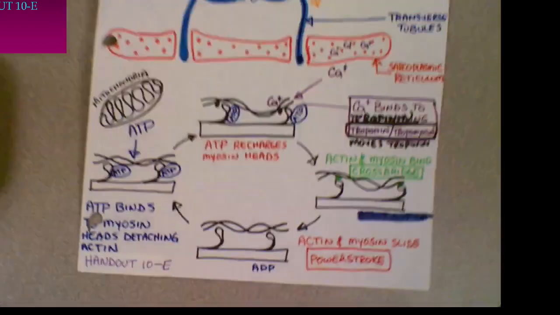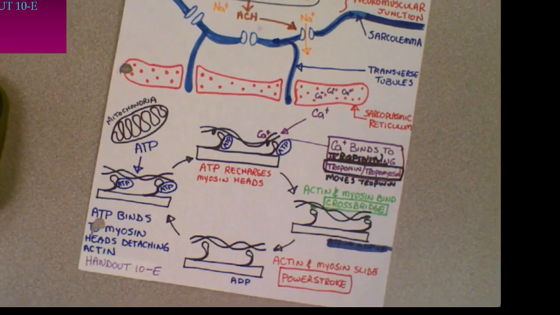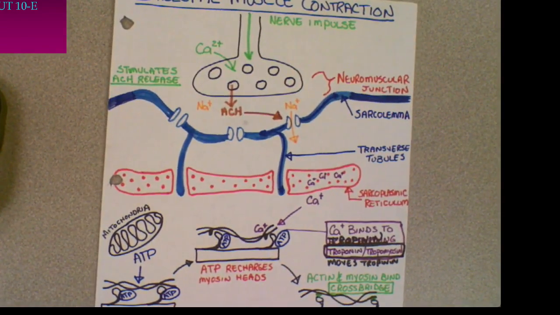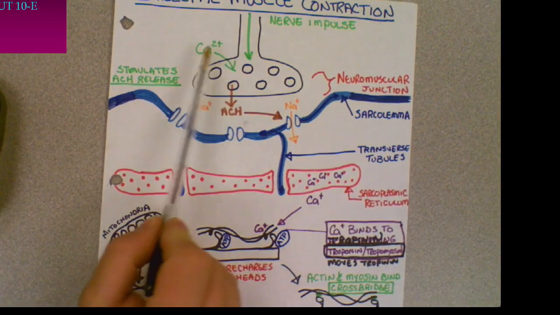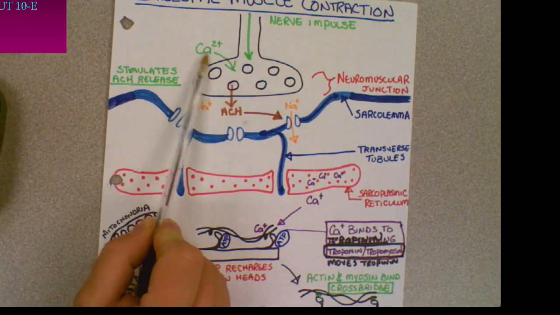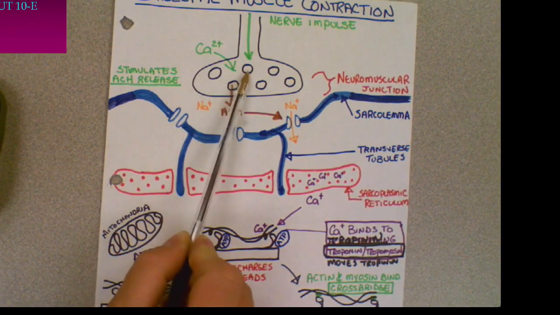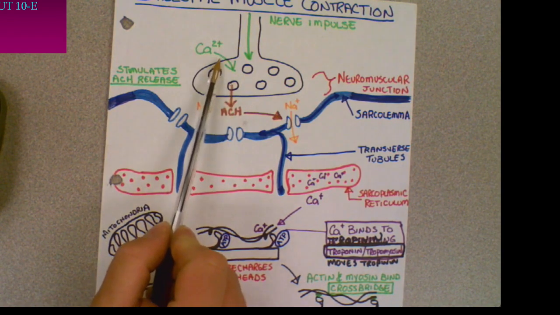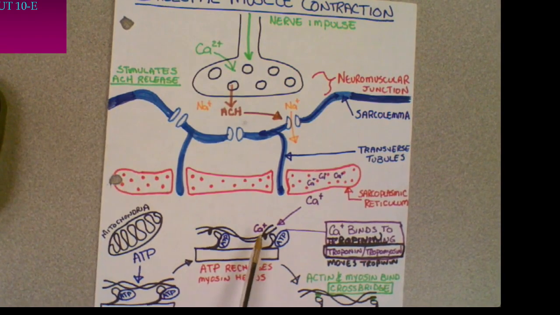Now, notice this one thing, because I know it could be on the test. Calcium is actually playing two roles, right? Calcium is in the nerve, allowing the nerve to release its acetylcholine vesicles. And calcium is in the sarcoplasmic reticulum that uncovers the troponin and allows the actin and myosin to stick together.